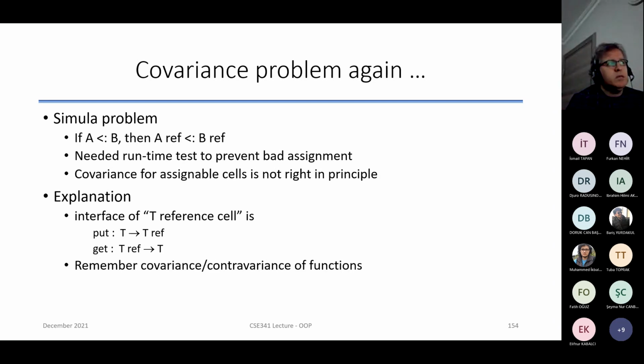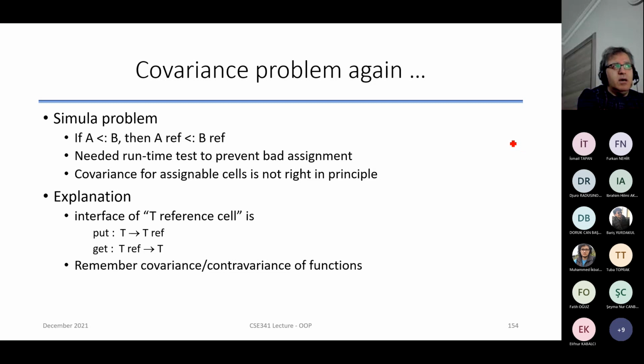So this covariance for assignable cells, I didn't talk about this when we talked about Simula, but it is important. We have to be very careful with this one. This is what the problem was that we were discussing.